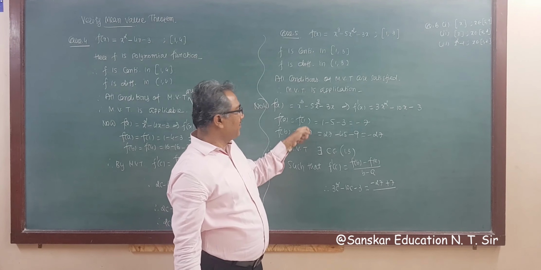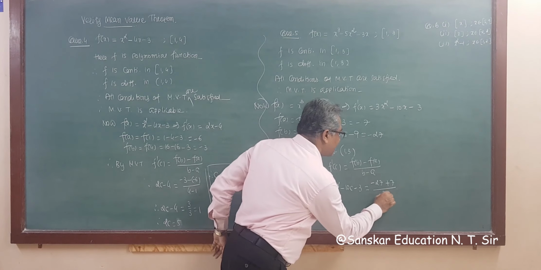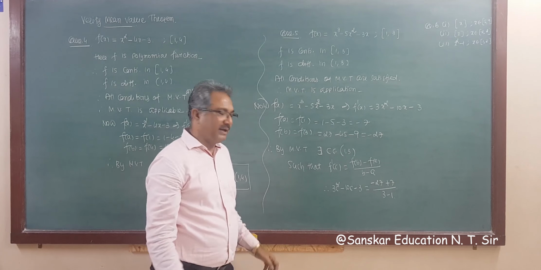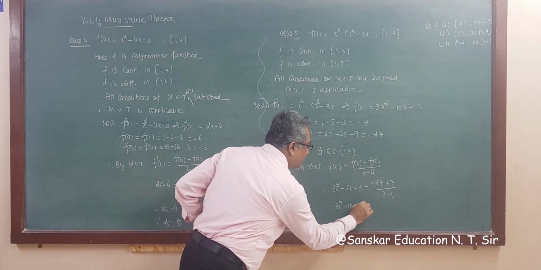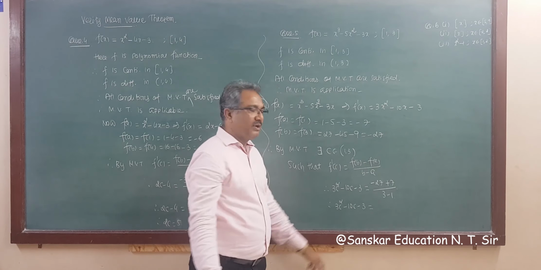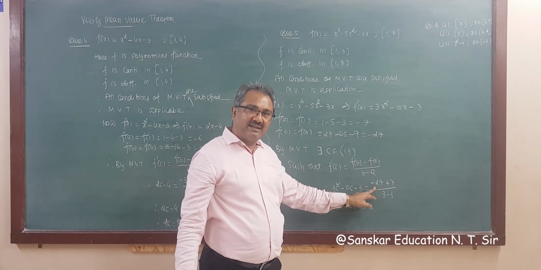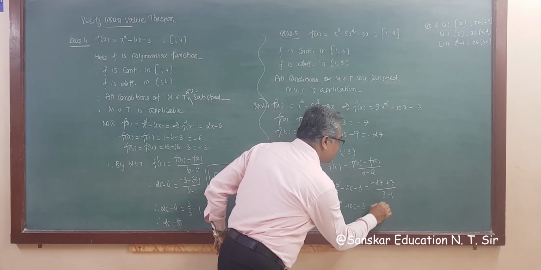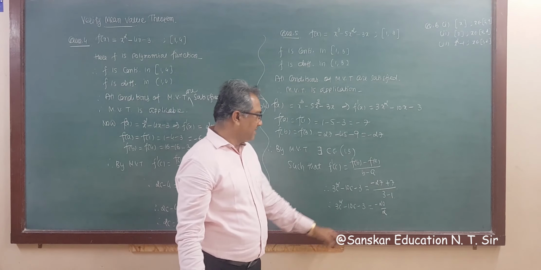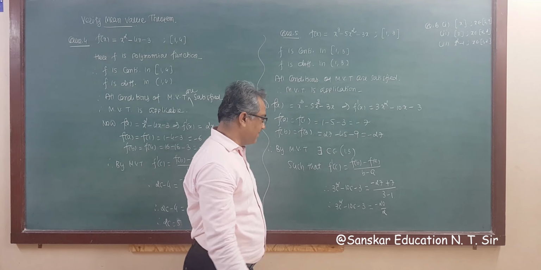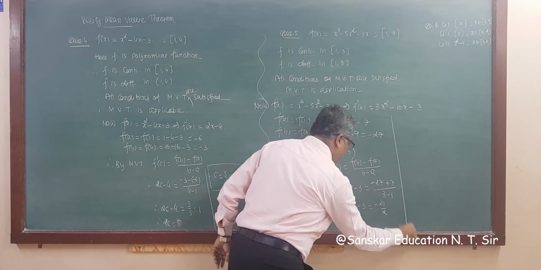b is 3, a is 1. So this is 3 minus 1, right? So this is 3c square minus 10c minus 3 is equal to, this is 7 minus 27 is minus 20, so minus 20 upon 2, that is minus 10, right? So what we get here?